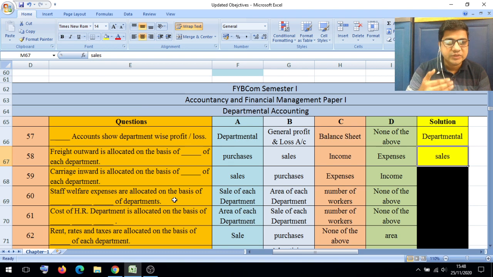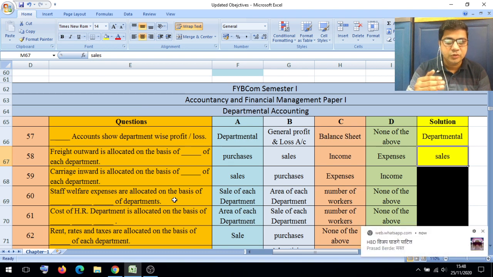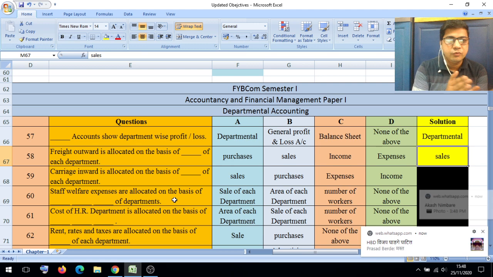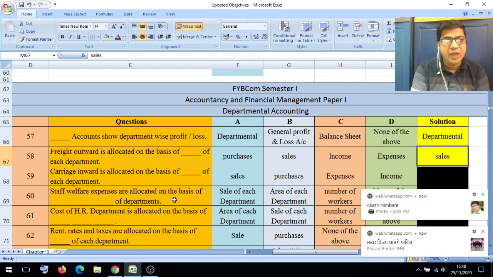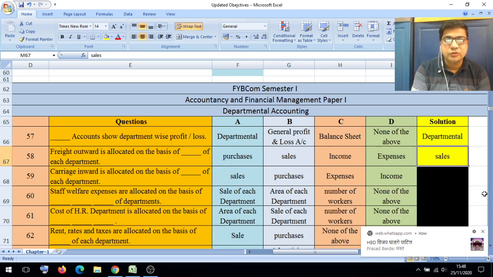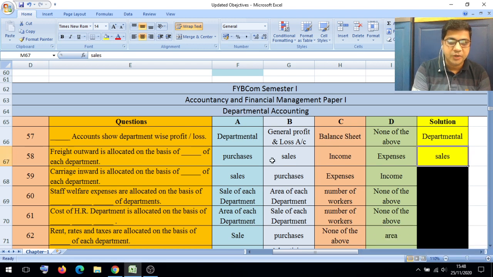Whenever we have to sell the goods, we have to carry our goods to the market. So for selling purpose it is sales. Therefore, whatever freight outward expenses are there, they are allocated on the basis of sales. Freight outward is from factory to marketplace for selling purpose. Therefore, freight outward is allocated on the basis of sales.